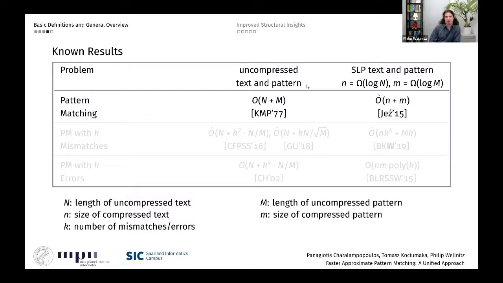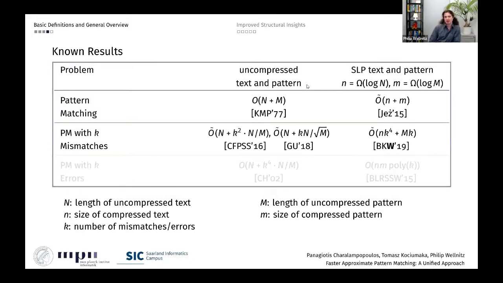However, for approximate pattern matching, it's not as good. While we again have roughly linear time algorithms for the uncompressed setting, for the fully compressed setting, essentially nothing was known. The thing that comes closest is perhaps an algorithm by co-authors and myself that worked with compressed texts but uncompressed patterns.